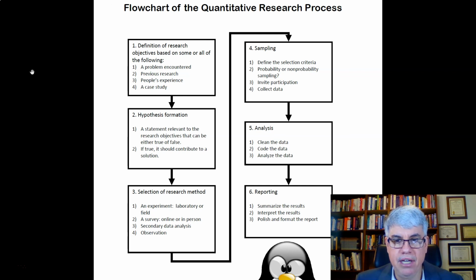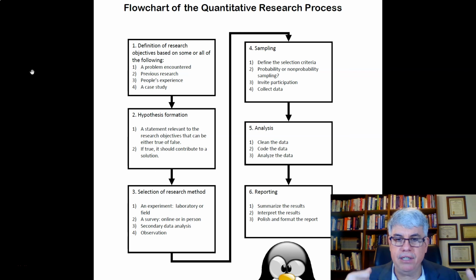And then finally, the sixth final step is to report. And we start off by summarizing the results, typically without mentioning any numbers when we report the results of a study. We interpret the results, what it means. We describe the limitations. We describe what we still don't know but would be good to know.